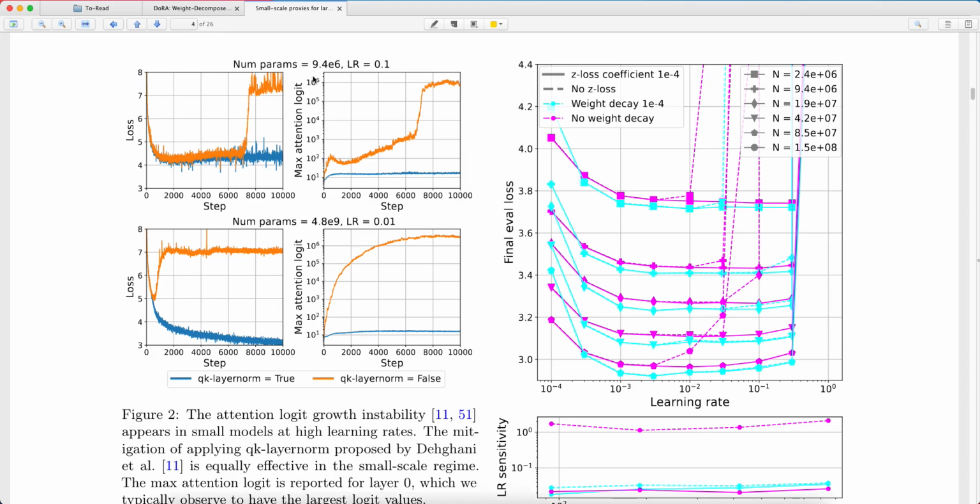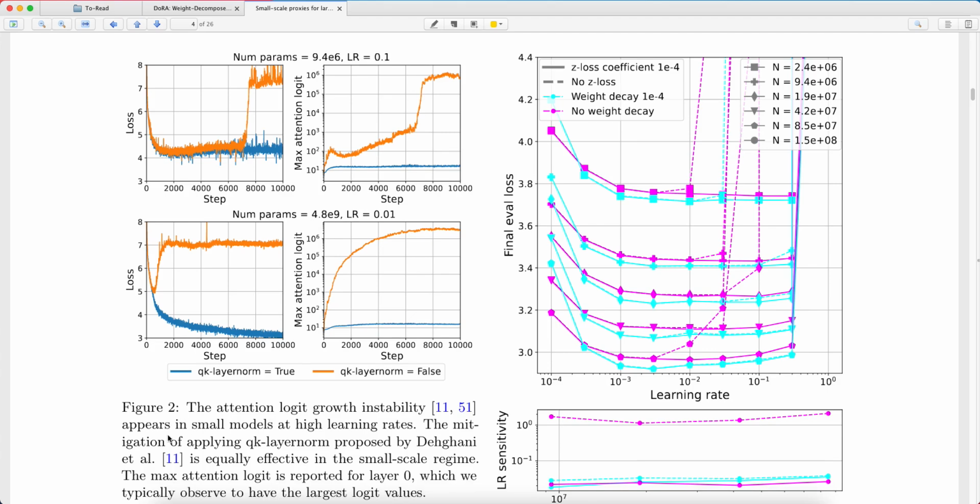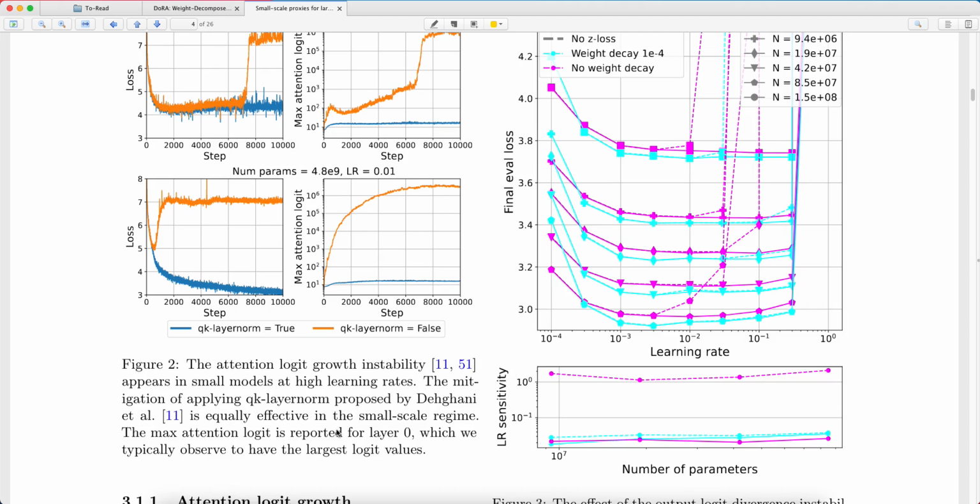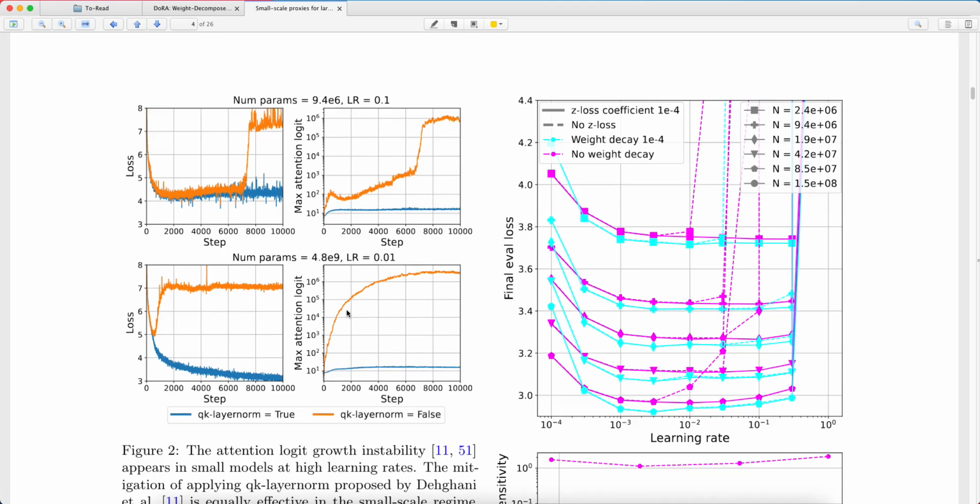So 9 million, 4 billion, right? The mitigation of applying qk-layer norm proposed by Dehghani is equally effective in small models as large. So that's cool. Maximum attention logit is reported for layer 0, which we typically observe to have the largest. So if I'm going to test this on my own, I should check layer 0.